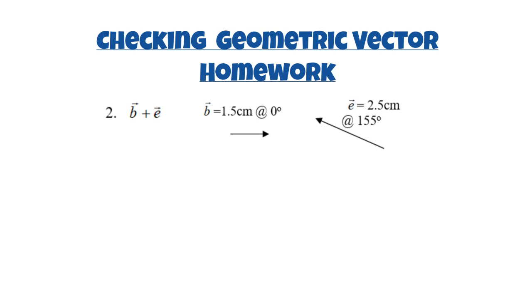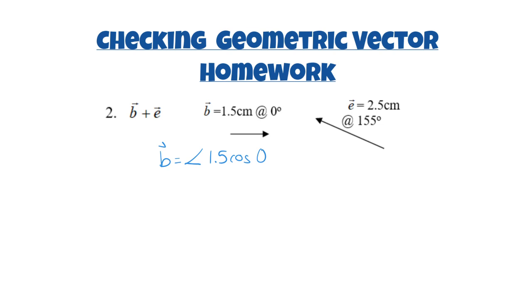So to convert b into component form, remember that it's going to be magnitude times cosine theta for your horizontal component, and then magnitude times sine theta for your vertical component. Sorry, I don't even know why I was writing 0 or theta's there. I actually know theta, it's actually 0.